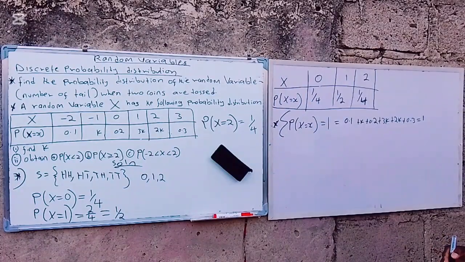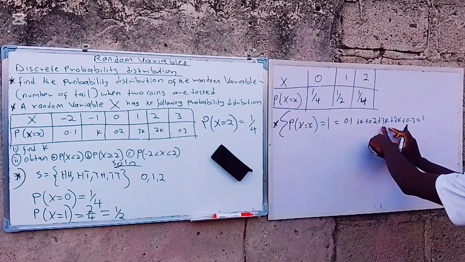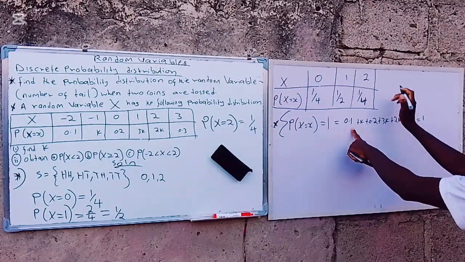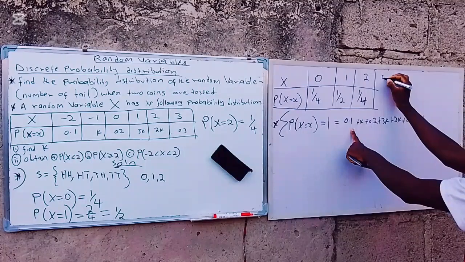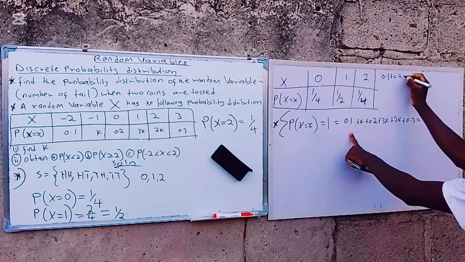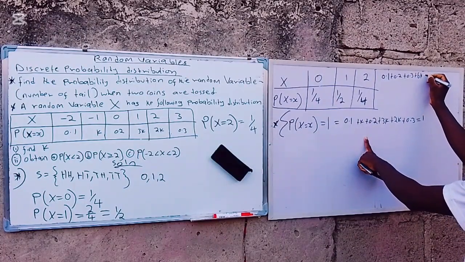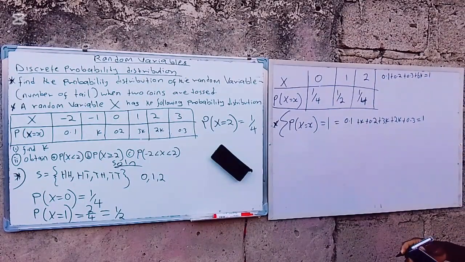So the next thing that I'm going to do is collect the like terms. I have k, which is 4k, and another 2k, so 6k. So this should be equal to 0.1 plus 0.2 plus 0.3 plus 6k, which is equal to 1.